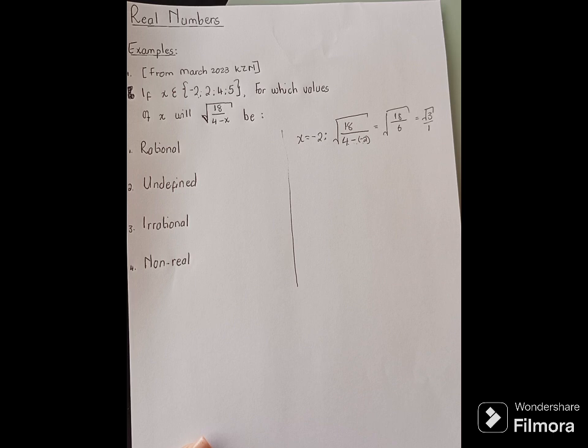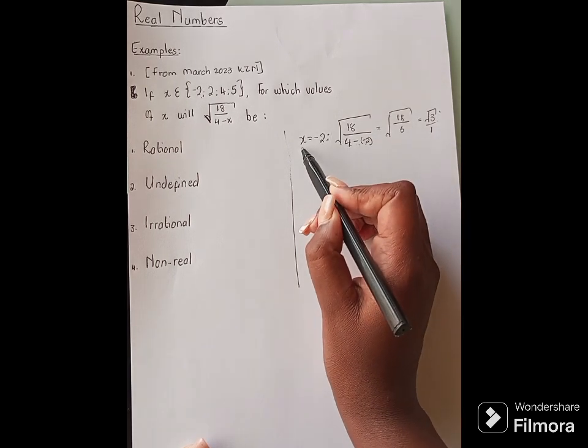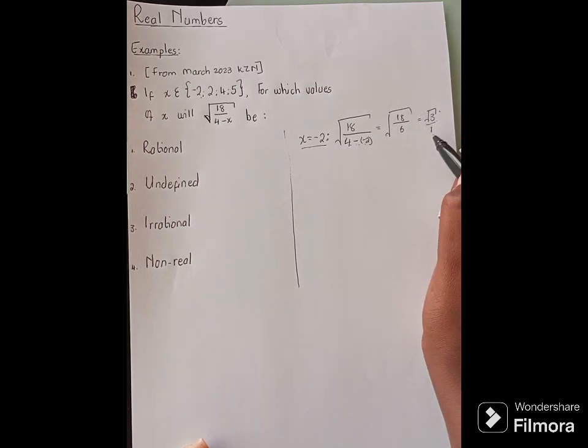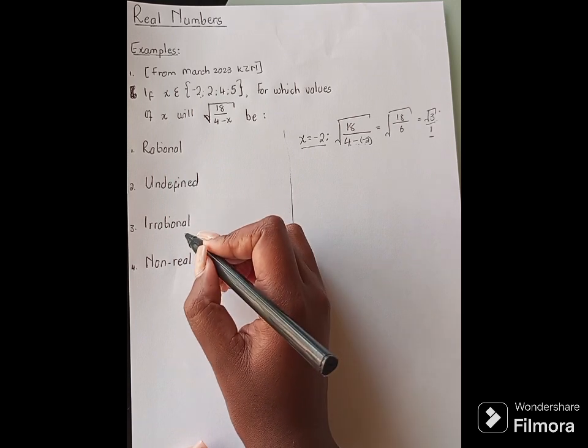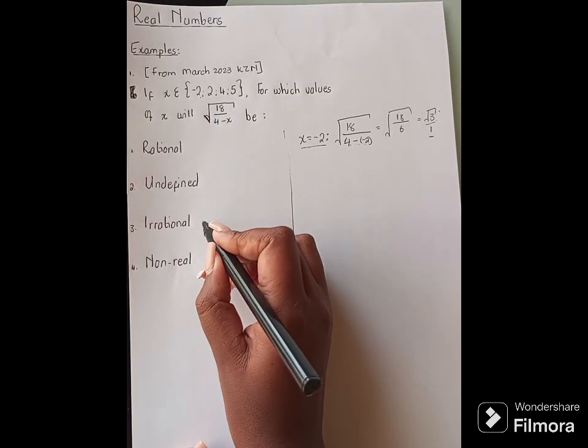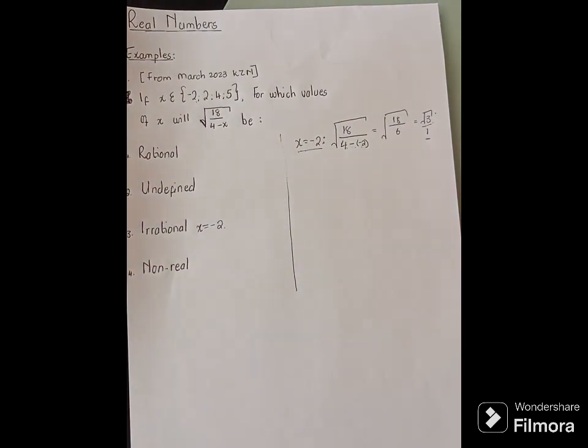So it can be written as a fraction, right? But then, is the numerator an integer? No. Therefore, this is not a rational number. Then what is it? It's an irrational number. Therefore, when x is equal to -2, we get an irrational number. So we're going to come here and say this number becomes an irrational number when x is equal to -2.